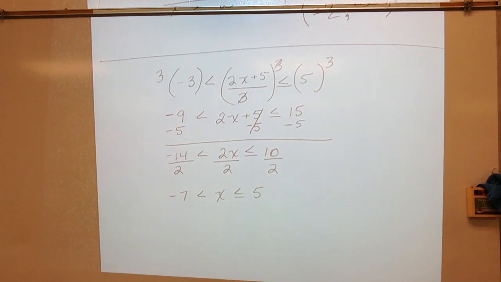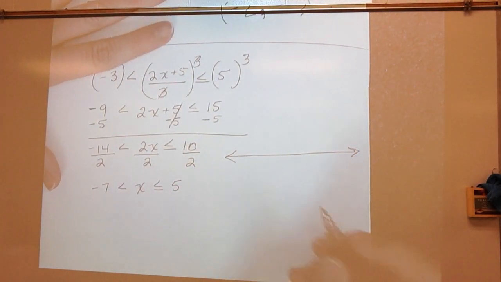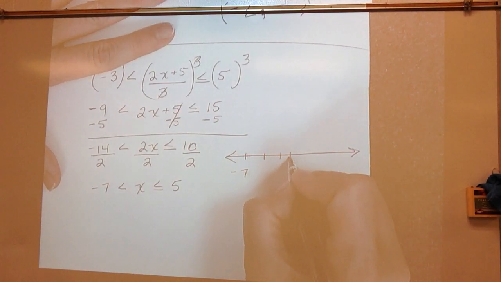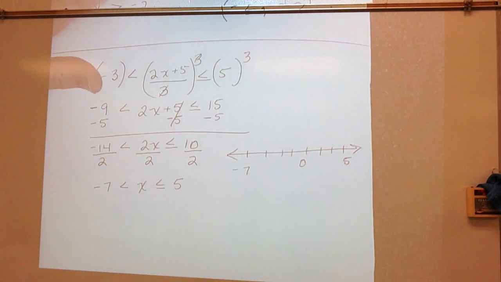Now let's talk about how to graph this, and then how to write our solution set. So I know I've got negative 7 here. My number line is not right, but that's okay. I'm just doing it for you to see.